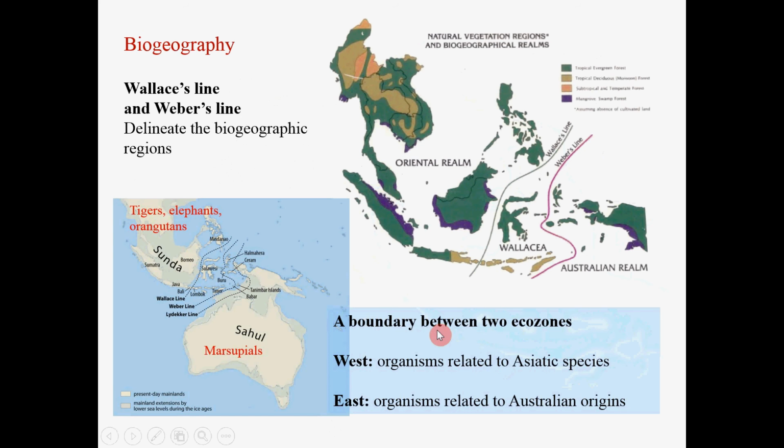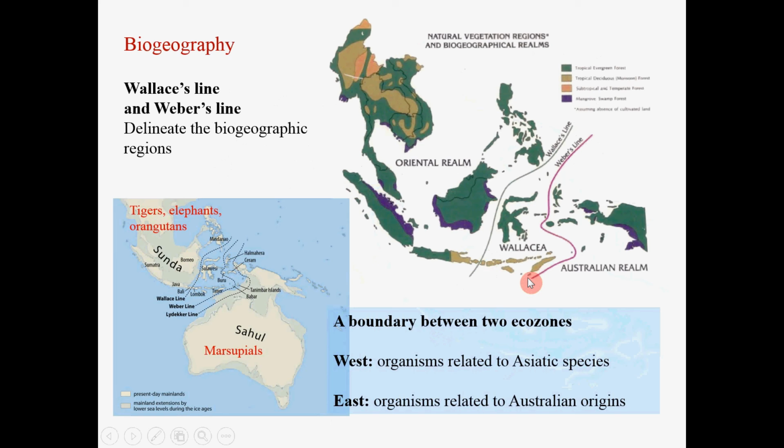Biogeography. Southeast Asia has an important biogeographical line here. This is called the Wallace Line. This line was drawn by an English biologist in the 19th century. And later on, there's a German biologist by the name of Weber.